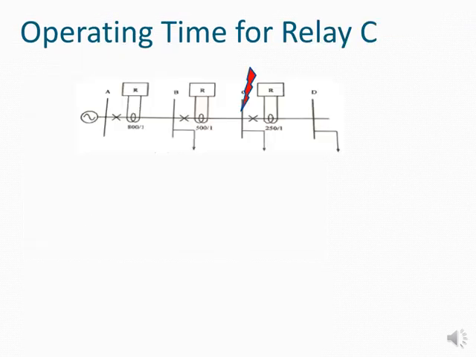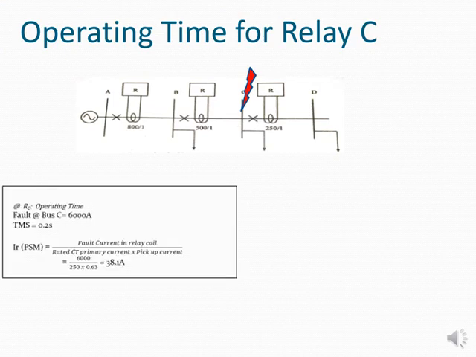So now, our second question said we were looking at this with the fault at bus bar C. So I need to see what my operating time is for my relay C. In order for me to do this, I now say, all right, I've got my IR, and my IR is really my fault current in the relay coil, which is divided by my rated CT primary current times my pickup current.